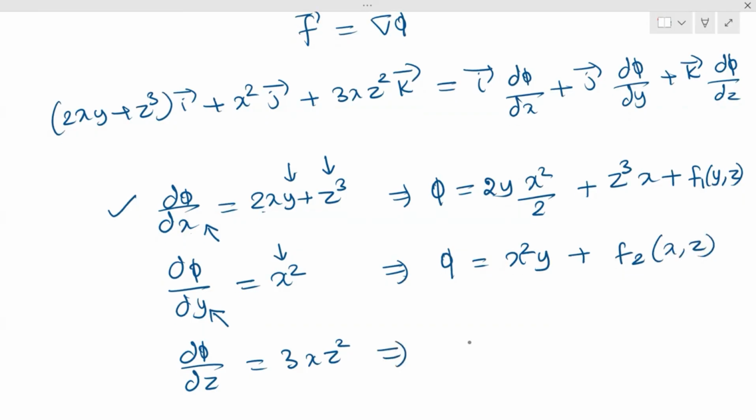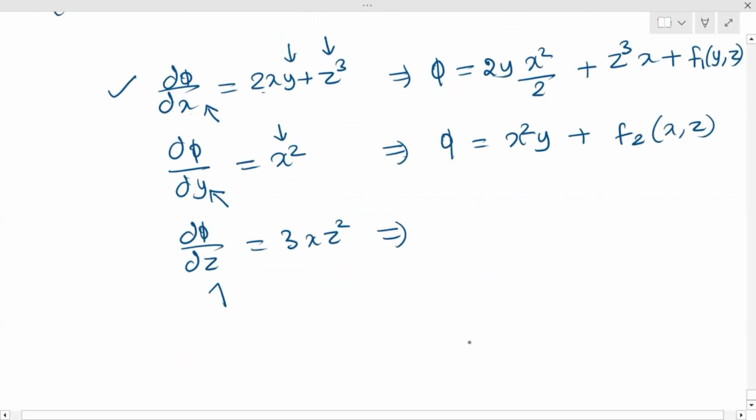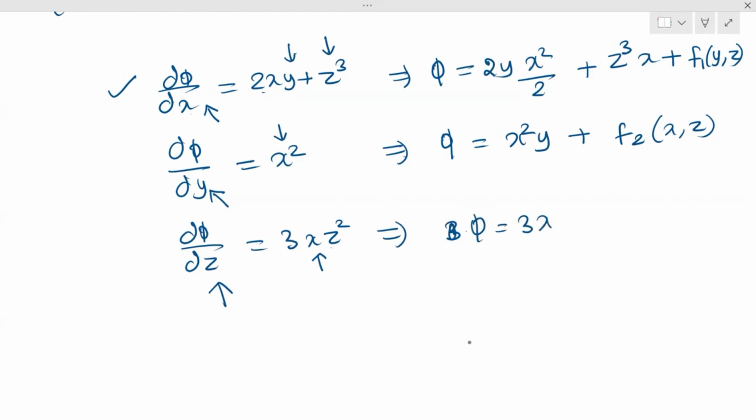Third one, we are doing integration with respect to z, treating the variable x as constant. So 3x write as it is. Z square integration z cube by 3 plus f3 of x y. So 2 gets cancelled, 3 gets cancelled.